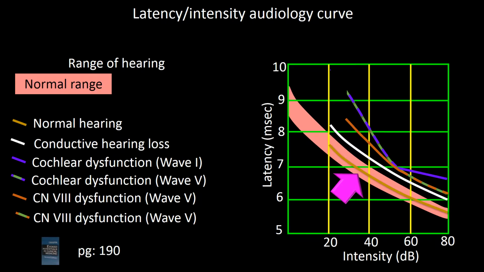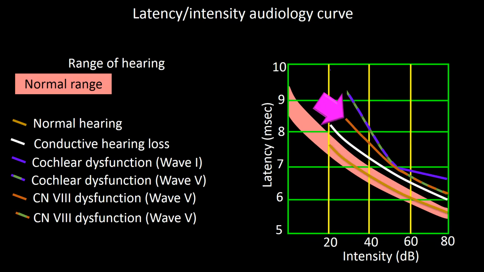Remember that wave 5 recognition level of 30 to 35 dB above the normal adult hearing level is considered normal. The white line depicts the hearing intensity of people with conductive hearing deficit. The hearing deficit is sustained regardless of the intensity of the stimulus and may not be present at low stimulus intensity.